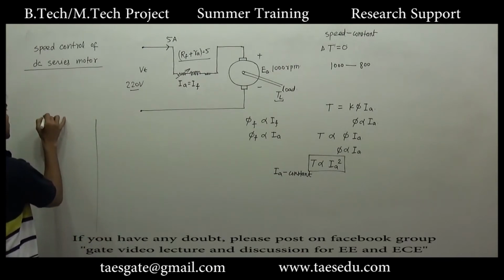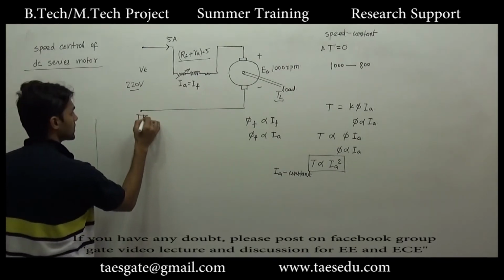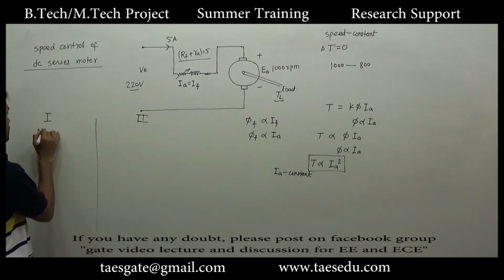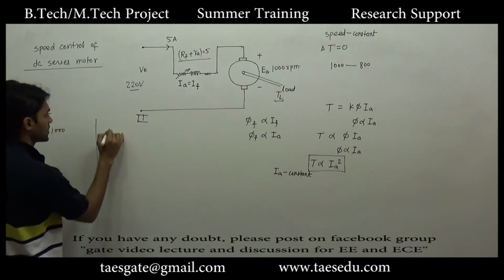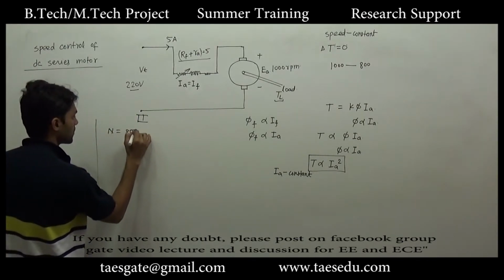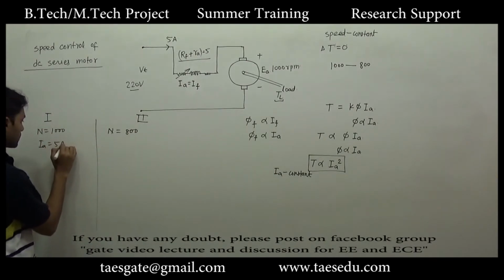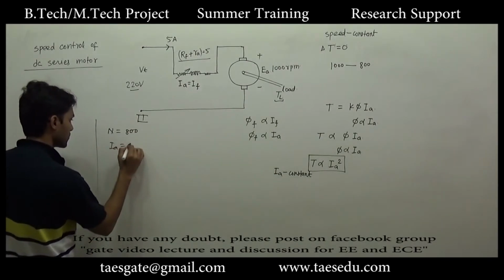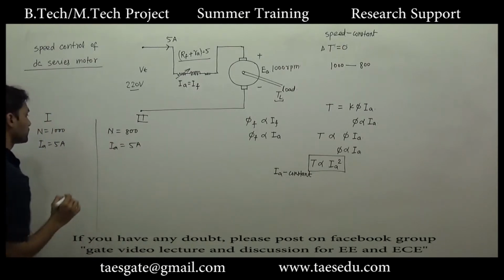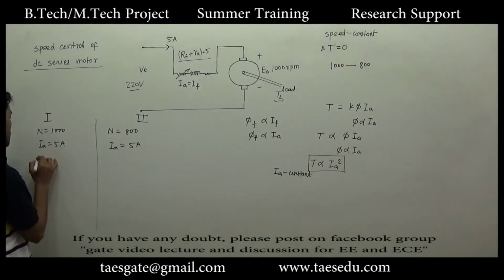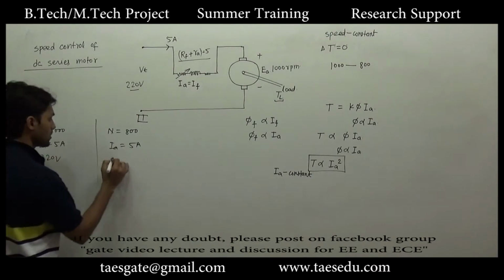So I will take, here we have first condition, here we have second condition. Speed equal to 1000 rpm, here speed equal to 800 rpm. Here we have IA equal to 5 ampere. Here also we have IA equal to 5 ampere. Supply voltage is 220 volt.